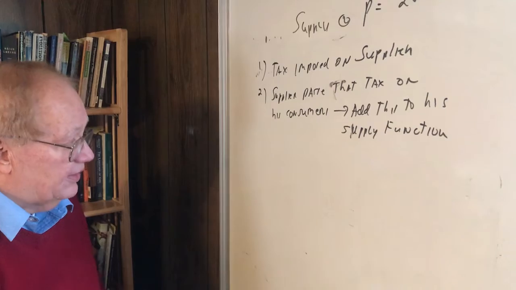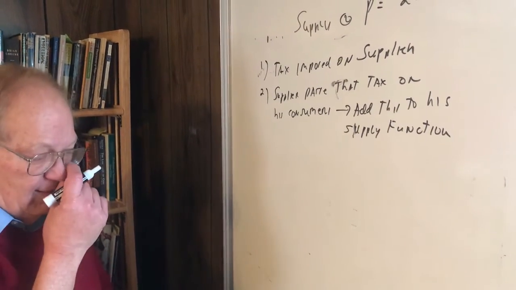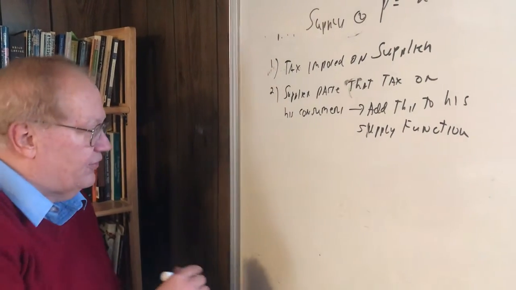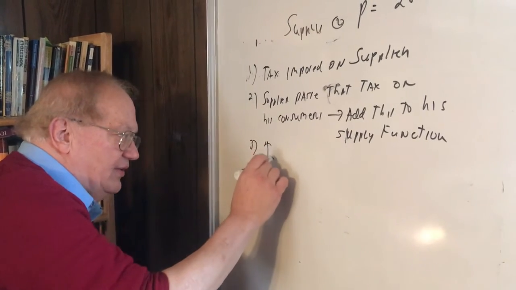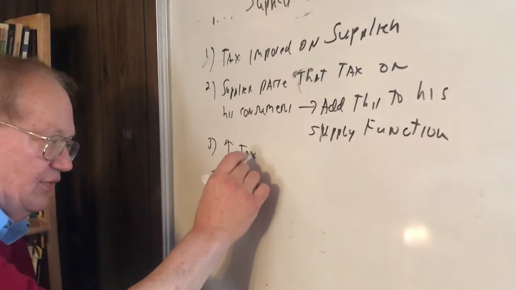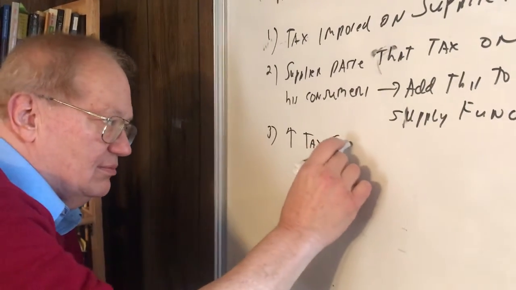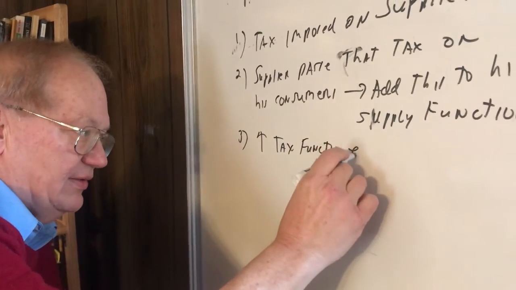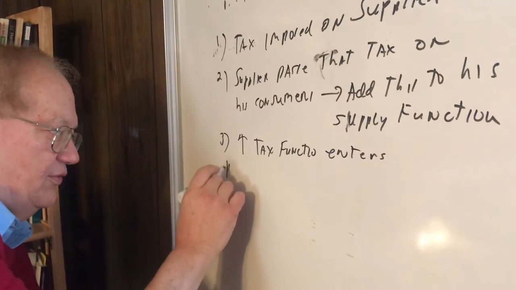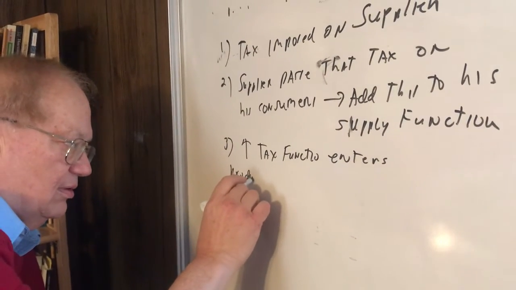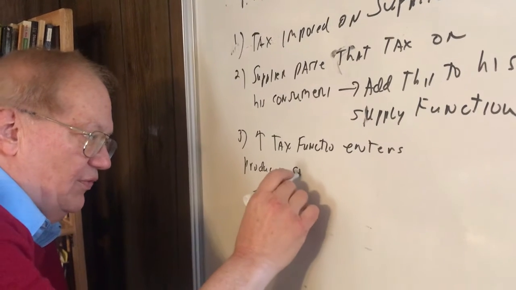Now the consumers really base their decision on price. So what happens as the increased tax function enters the producer's supply function?